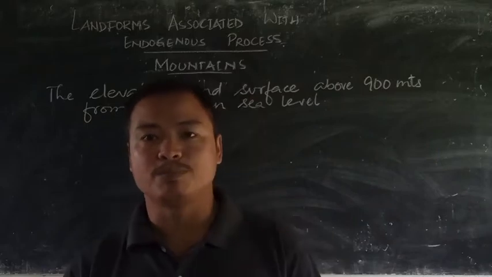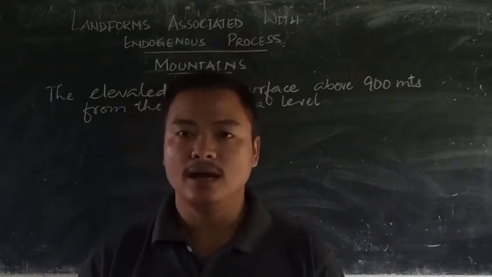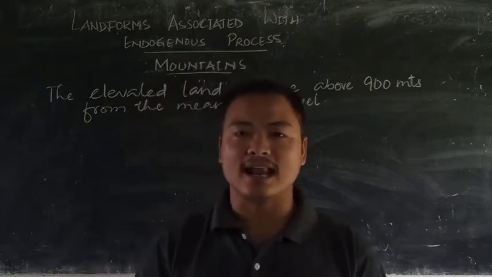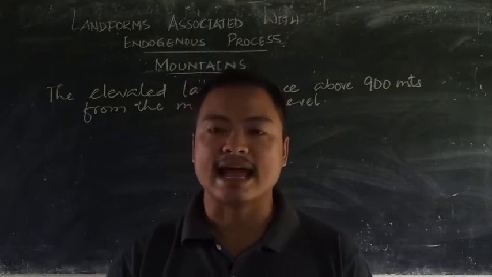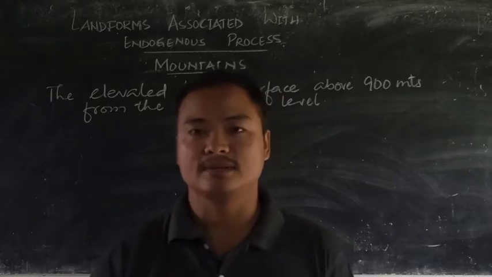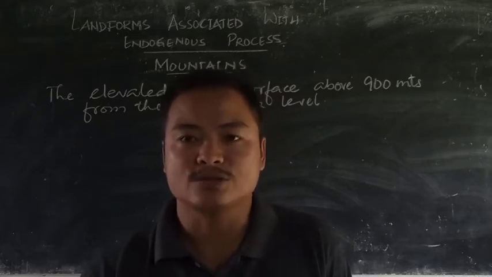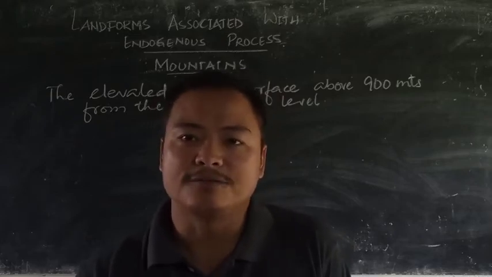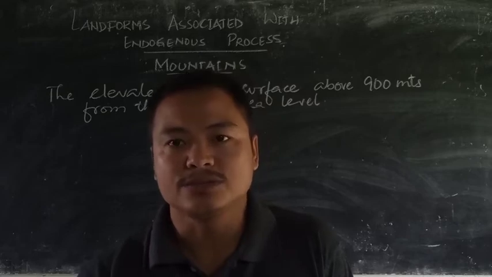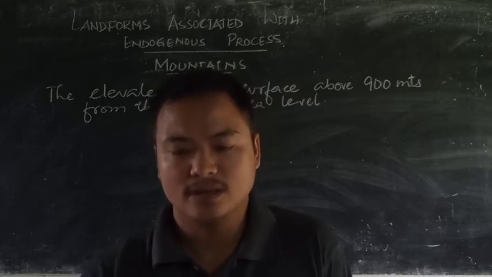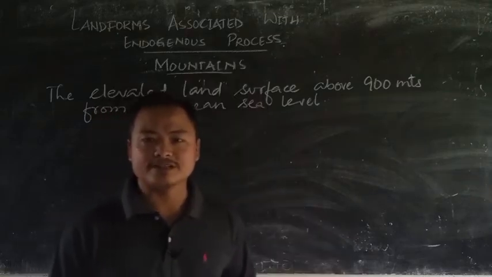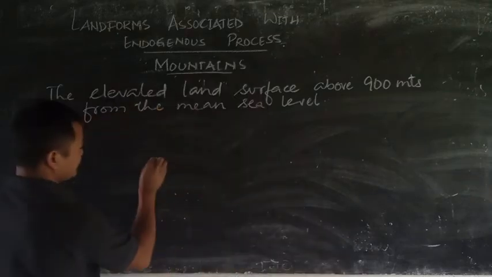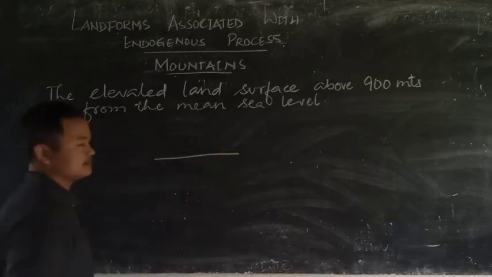In the words of Professor Finch, a mountain is that land block whose height is at least 900 meters and above the sea level, and its slope makes an angle of 25 degrees to 35 degrees with the horizontal plane. So according to Professor Finch, this is the base.